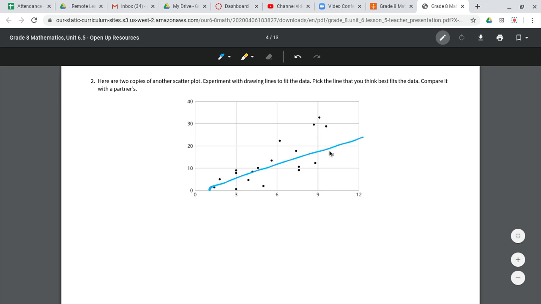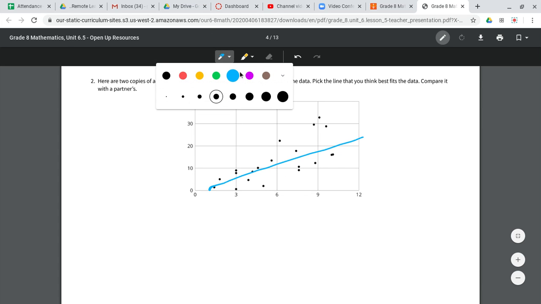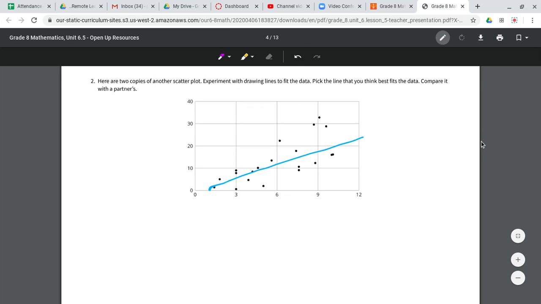We could also do one. Let me change the color once again. Or we could say that it's something more like that. So this pink one, definitely it comes up further into this trend of data.